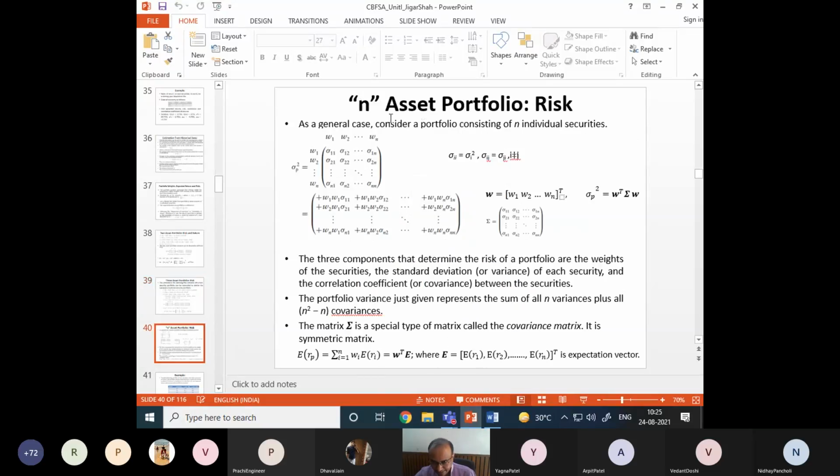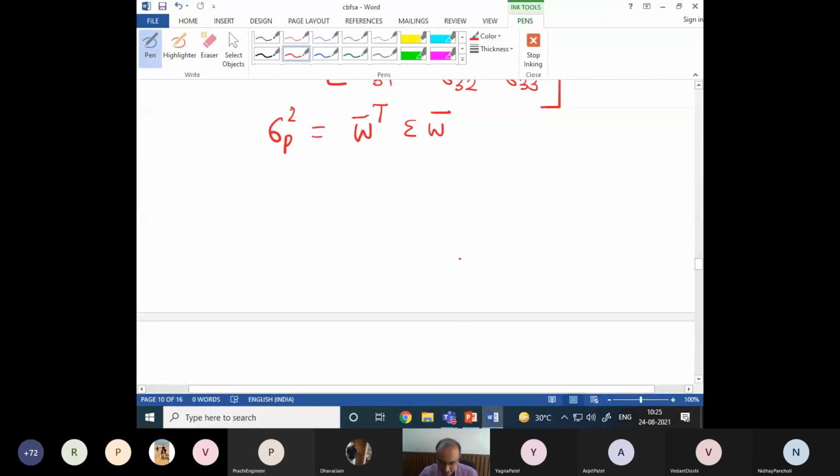Now we are interested in this n asset portfolio. So easily we can say that if I have 2 to 3, then up to n, then I will have the same equation. Sigma p square will be equal to W transpose sigma W. Only thing, there is a change in the size of the W vector and the covariance matrix. So similarly, we can extend this for n security portfolio.